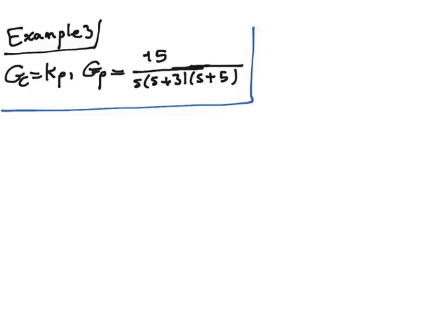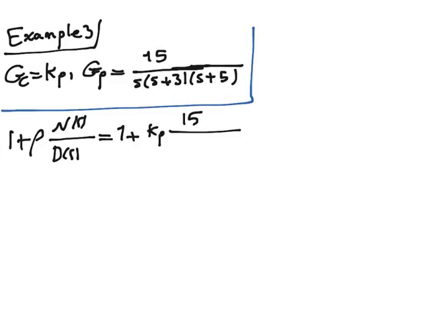So if we want to rewrite this GC times GP in the format that we use as the default one, we have 1 plus rho times n divided by ds, which will be equal to 1 plus KP times 15 divided by s times (s plus 3) times (s plus 5).